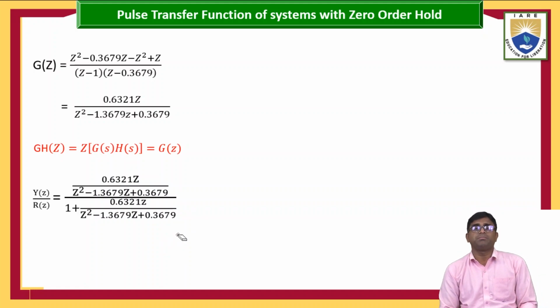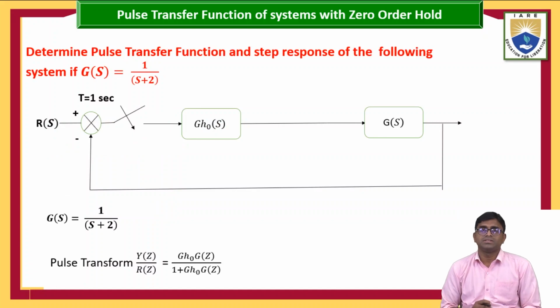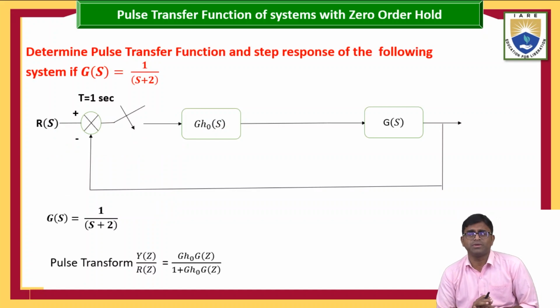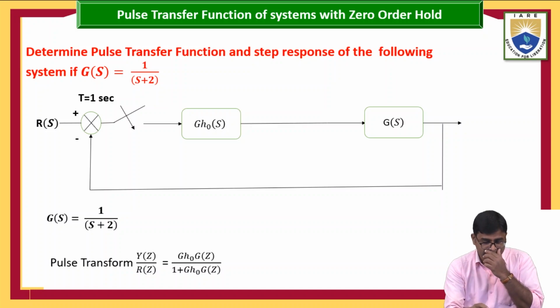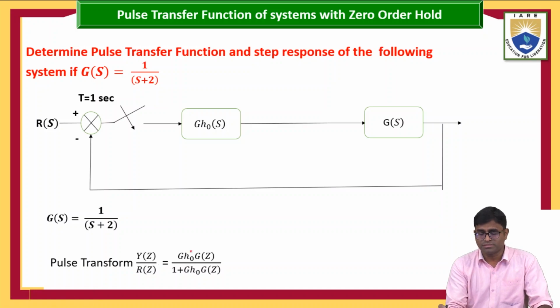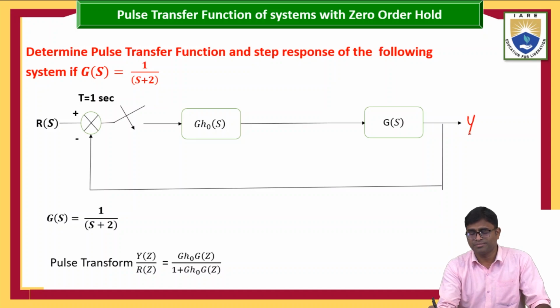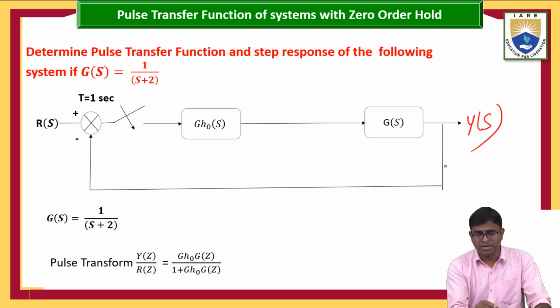Coming to the third problem. See this one. In the previous section there was no G of s, but now here I am taking the G of s, and the function is given as only a first order term, that is s plus 2. So it is the same procedure. First the transfer function, Y of s by R of s.